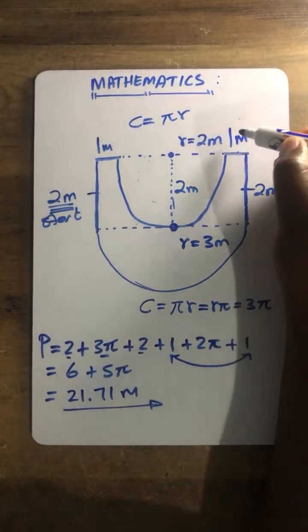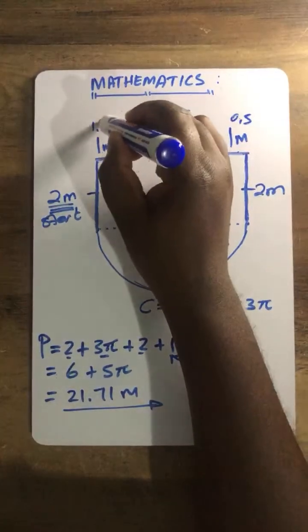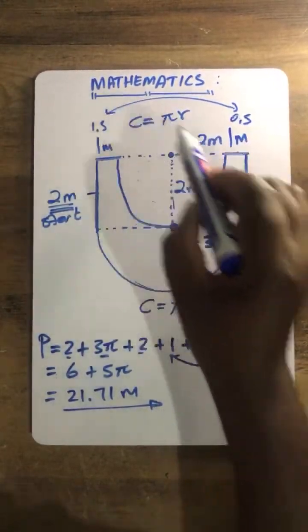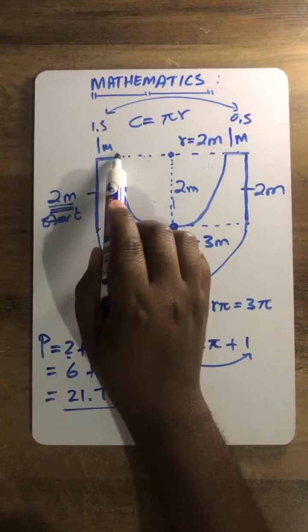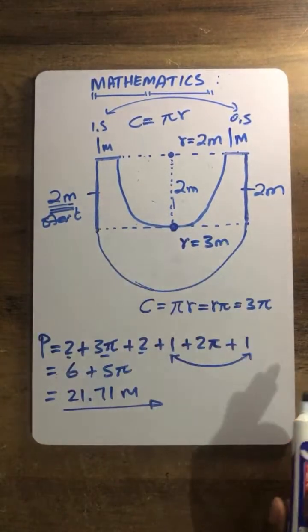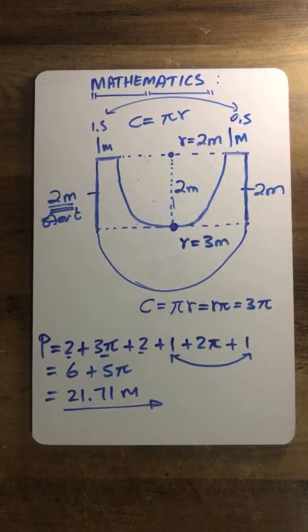So whether you assume this one to be 0.5, that means that one must be 1.5. At the end of the day, when you add these two together, they must give you 2, such that when you plus it with that, it makes the whole total distance. I'm just giving you guys some cases to think about.